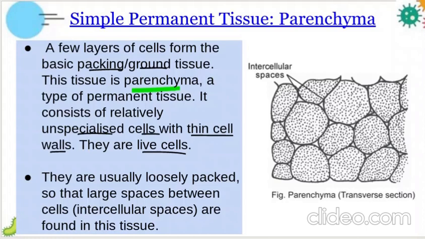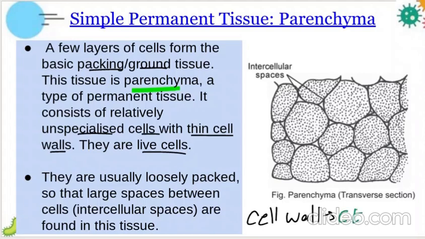Okay, you can see here the transverse section. They have a little bit of intercellular spaces also, right? This is the image of a parenchymal cell. Now they are the base tissue, means they are present in the base structure of plant tissues. Now the cell wall of parenchymal cells is made up of cellulose.